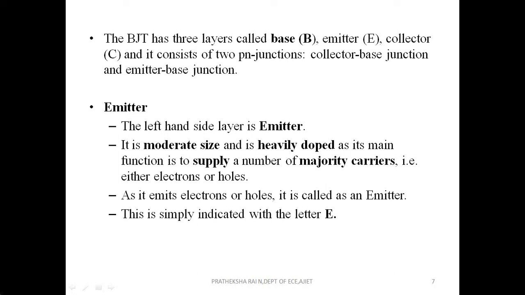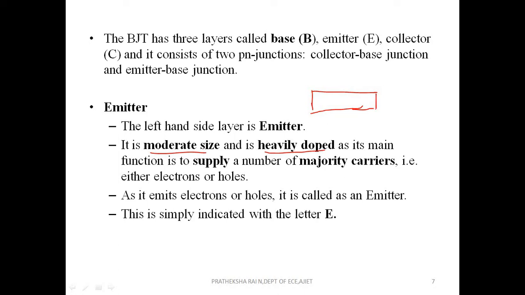As it emits electrons or holes, it is called an emitter and it is simply indicated with the letter E. Okay, so we have emitter, base and collector. So we saw the features of the emitter. The main important feature of the emitter is that it is moderate in size and it is heavily doped. Okay, so three layers.